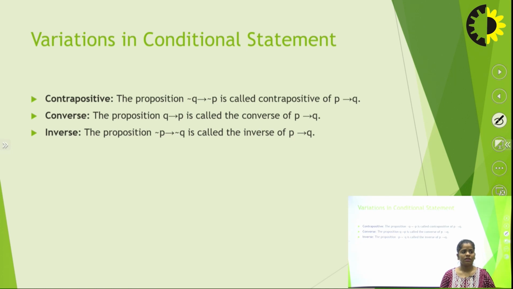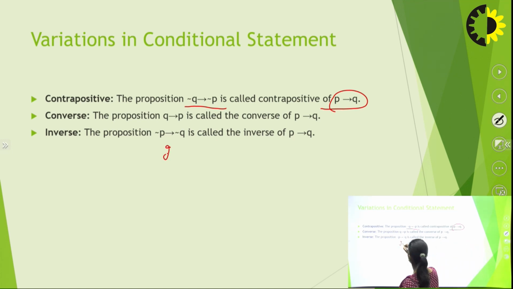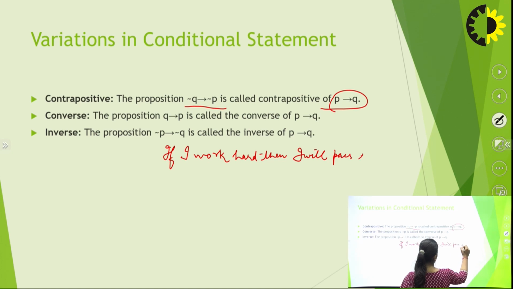Now we are doing some variations of conditional statements. Let's start with contrapositive, then go to converse, and at last inverse, right? In a conditional statement, if we have P implies Q as the normal statement, then the contrapositive is given by not Q implies not P. Like, if I work hard, then I will pass the exam, right?